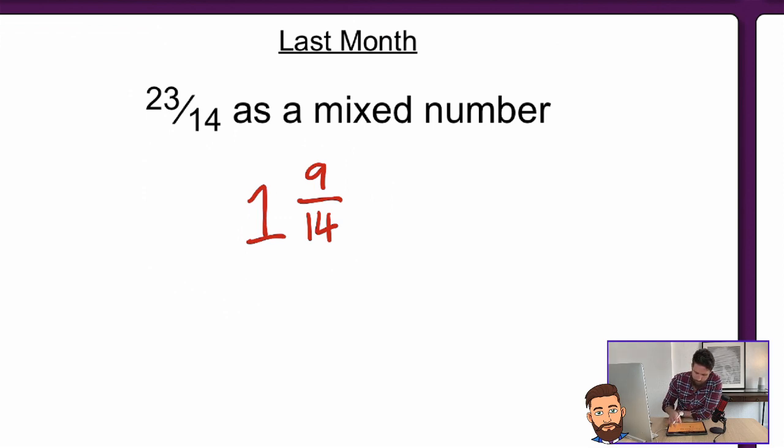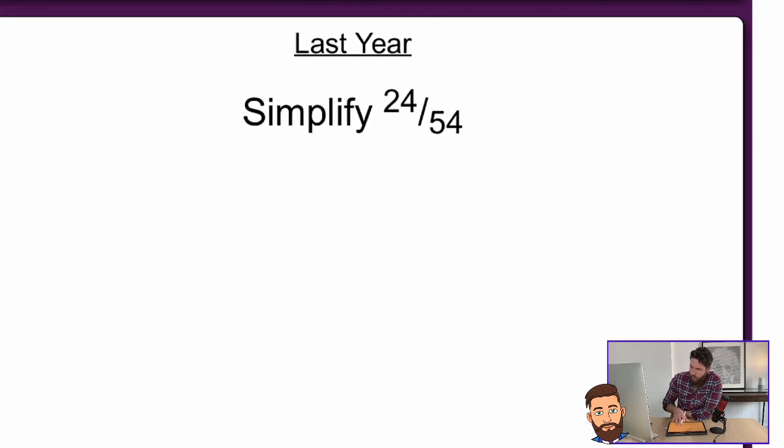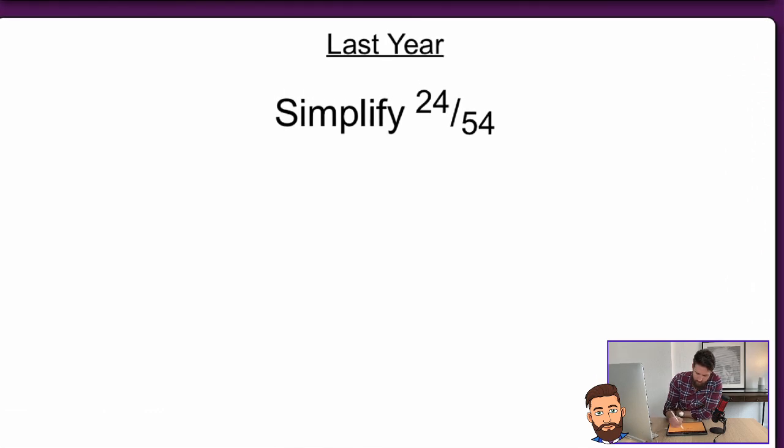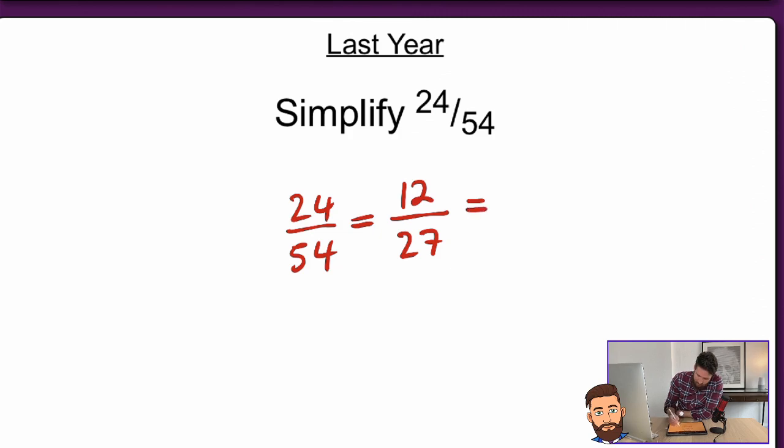Moving on to the bottom right, you've been asked to simplify again. If I'm going to simplify 24 over 54, we can use the same tricks we looked at last lesson, which is they are both even, so we could halve them. So we could say that was 12 over 27, and then realise what goes into 12 and 27.